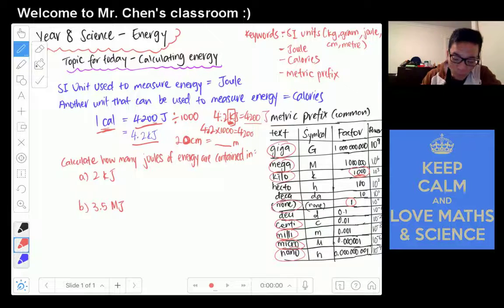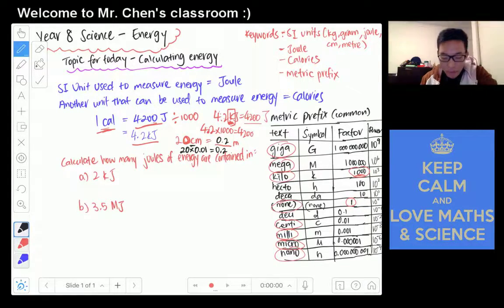So what you do is, you have to look at this C here. The C here is referring to 0.01. So what that means is, you have to multiply 20 by 0.01, which will give you 0.2.